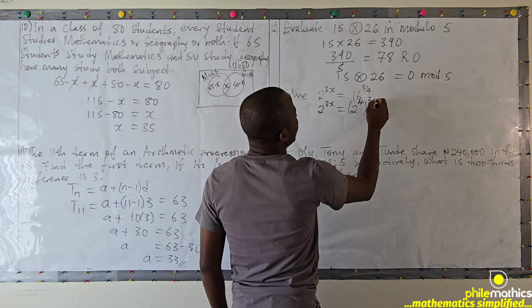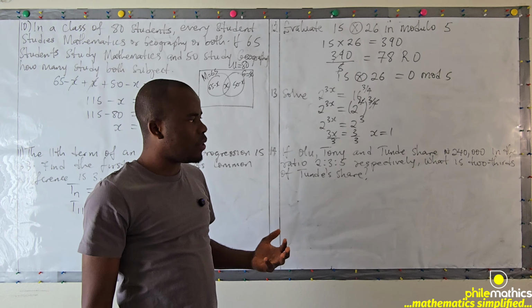So we'll have 2 to the power 3x equals 2 to the power 3. From laws of indices, if the bases are the same, the powers have to be the same. So 3x has to equal 3, and x has to equal 1.